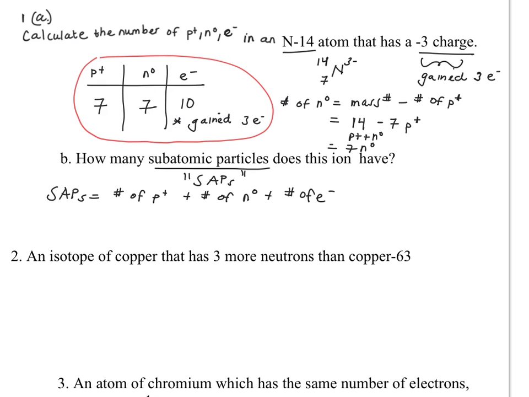And we have all this information from up above. So we have 7 protons plus 7 neutrons plus 10 electrons, and that will equal a total of 24 SAPs that are in our nitride atom.